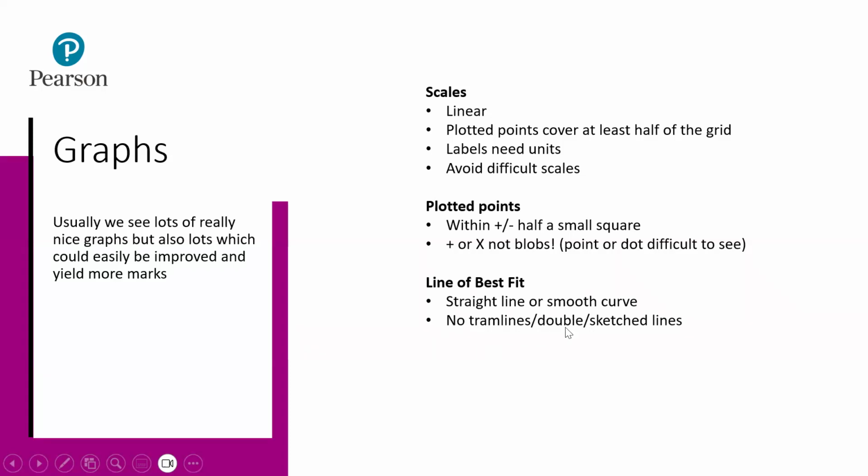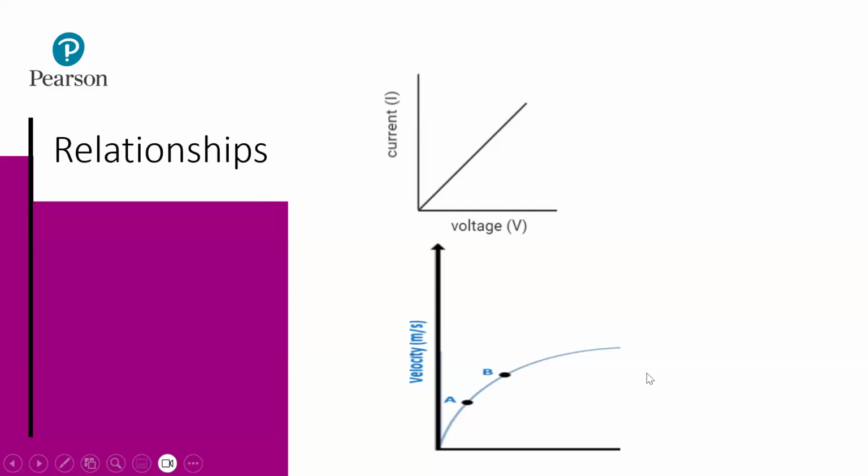So a nice smooth line, no double lines, no tram lines and so on. And not dot to dot. A lot of them treat it like a dot puzzle, and they will include the anomaly as well. So avoid the anomaly, don't include that, and try to smooth out a curve if it's curved. Don't just go dot to dot. So it's all common sense, it's all stuff you all teach anyway, but they're the things we see coming up time after time.